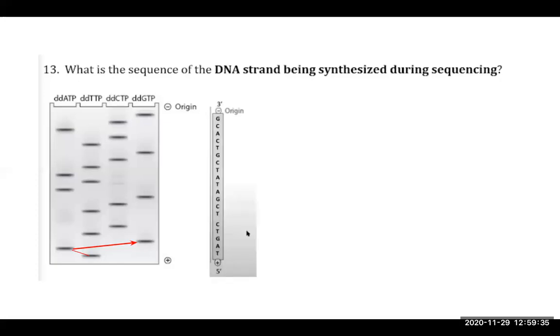Basically that's going to mean that that's your 5' end. And remember, you always read from 5' to 3'. So that's why it's from the bottom. And then if you click again, I typed in the actual sequence that you should get from this gel. So go ahead and click one more time. All right, and so that's it for that question.